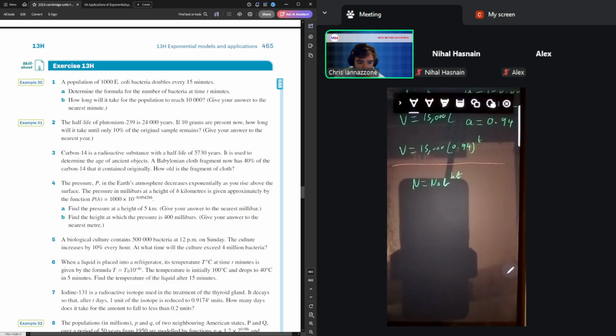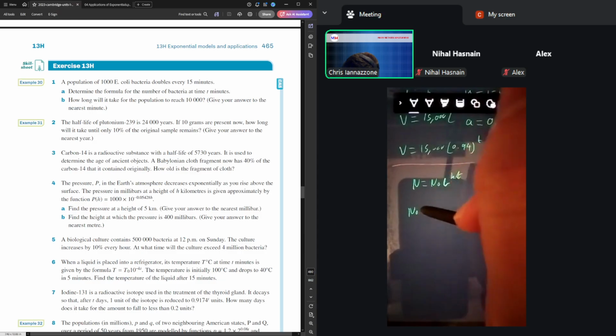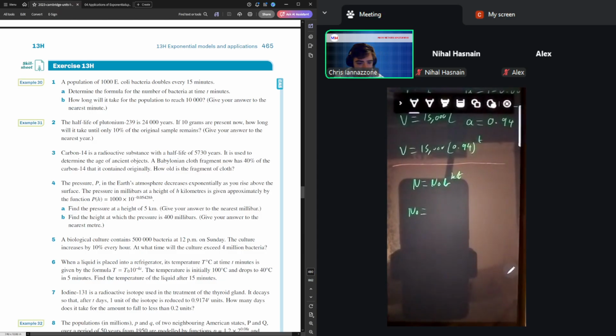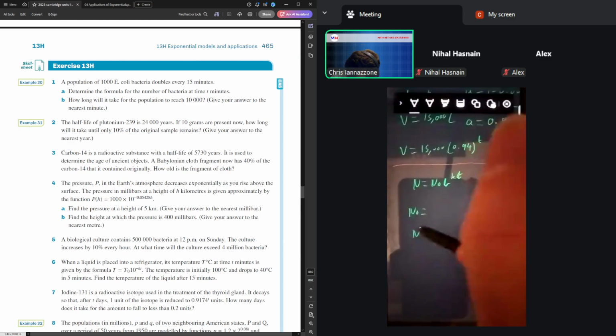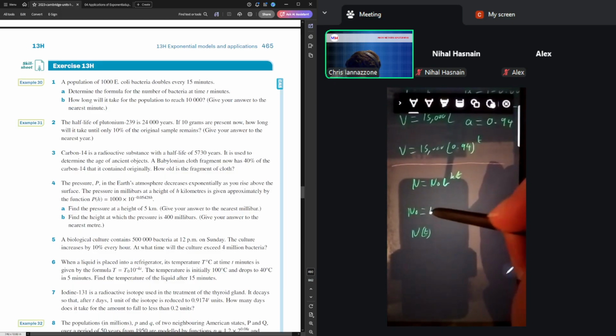N naught is always going to be the initial value that's given in the scenario. So by initial value we mean, in this case, population, because it's a population equation. Determine the formula for the population of bacteria for time t minutes. So we're going to have an N of t equation. N naught is just going to be whatever the number of bacteria is at the start. And so, for that reason, with a population of 1,000, N naught is going to be 1,000.